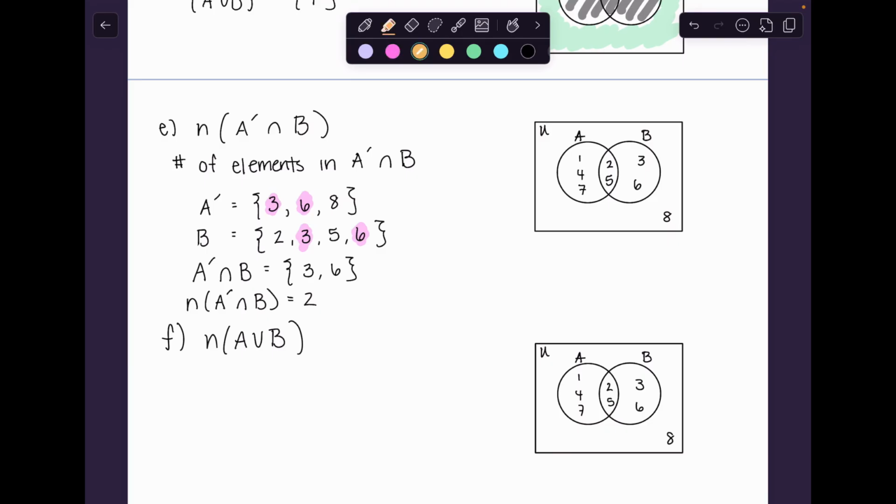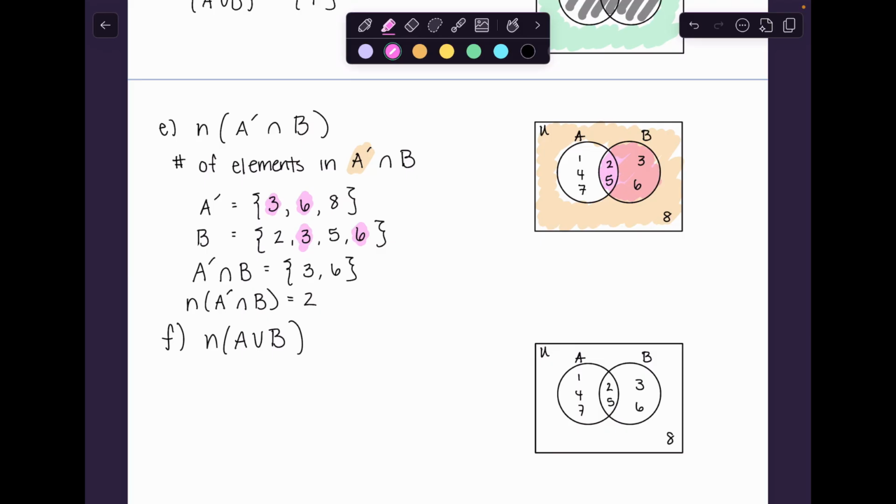Okay. Again, if you want to use pictures, absolutely. So starting out, again, I've got to find A complement. So we black out A's circle. And the complement is everything on the outside of that. So 3, 6, and 8. So I'm going to leave that up because that's our first region. Then looking at set B, that's right here.